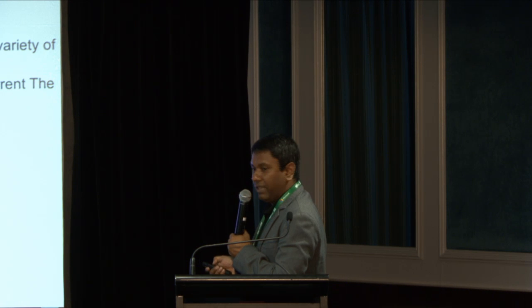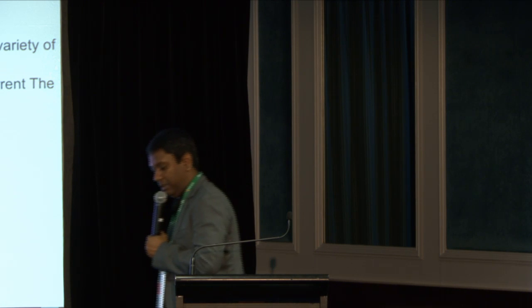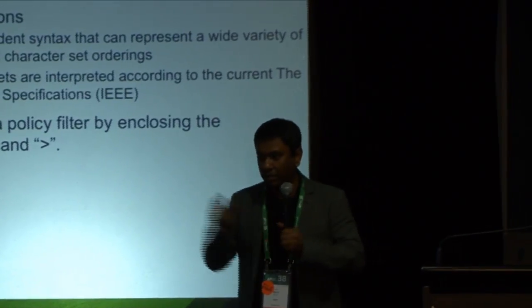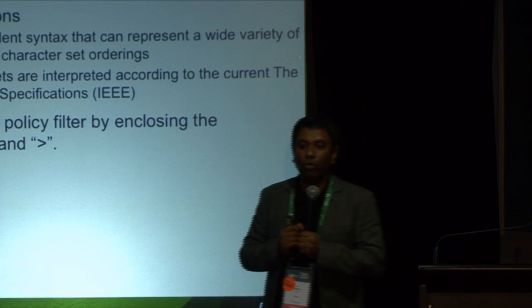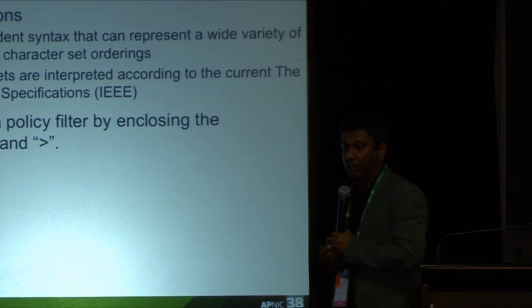Then there is another regular expression to match your AS path. As you see, in the internet routing registry system, you need to specify the prefix as well as the AS numbers. Both need to be matched to implement a complicated policy. So how do we match AS numbers? That's what the AS path regular expression is for.